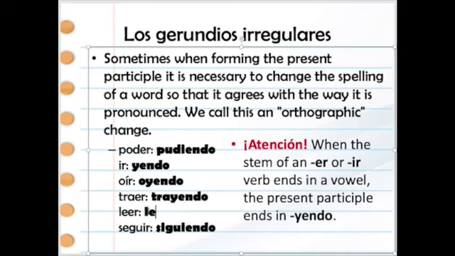Instead of having three vowels together, we want to just change that I to a Y. And then seguir is the same way, right? We want to change the E to an I so that we don't have a conflict of spelling there. Siguiendo instead of seguiendo.